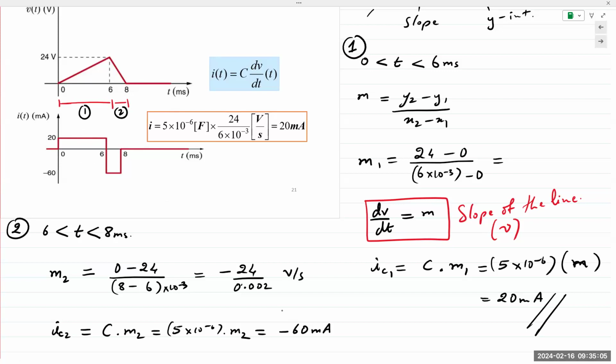This is 1, this is 2. And time period 2 is minus 60 milliamps. So constant line, which eventually then goes to 0 once the voltage returns to 0. Okay. The current stays pretty much constant.